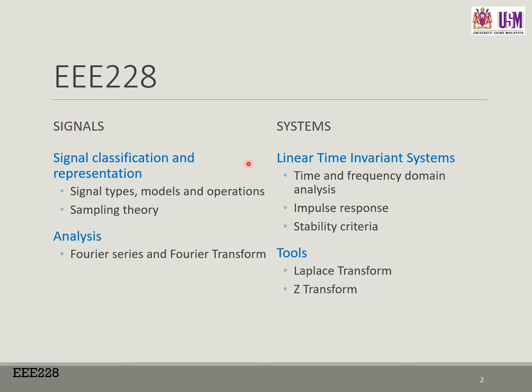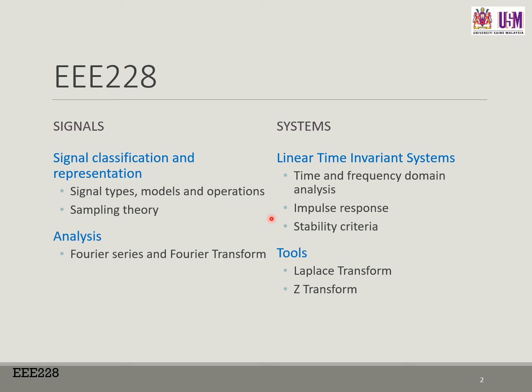Then you look at impulse response. Impulse response means that we're going to see how a linear time invariant system produces output or how it responds to an impulse function as the input. We will also look into the stability criteria of linear time invariant systems.